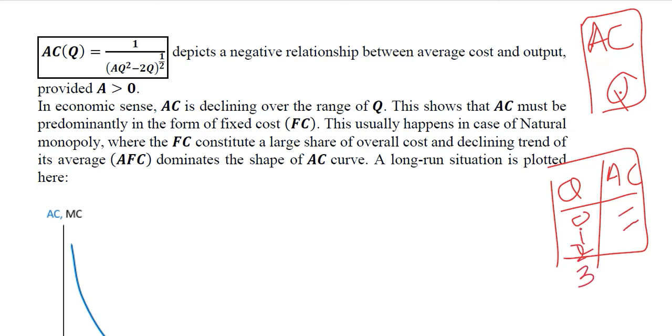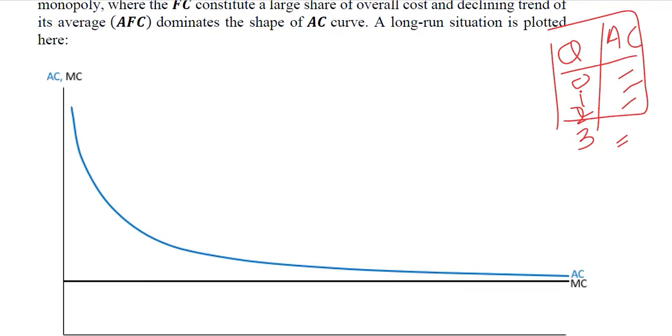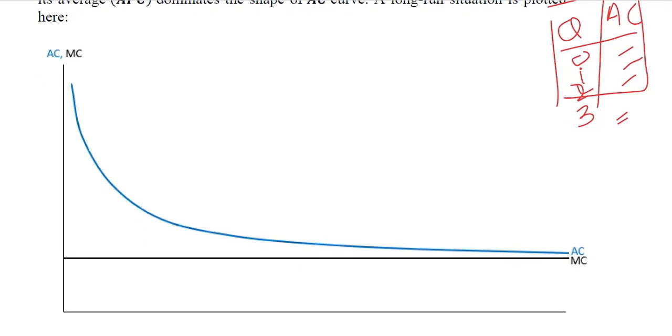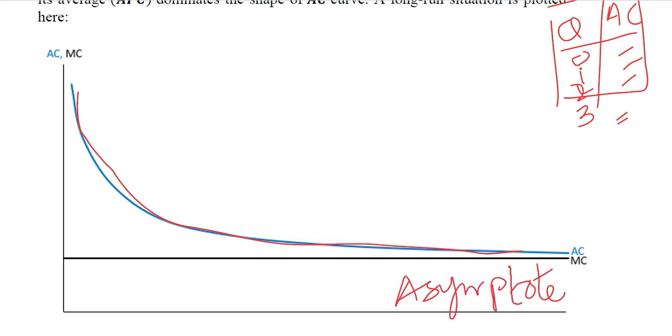So I can get different values of AC that I can plot here. If I do so, the diagram will look like this. So you can see it's clearly a downward sloping curve, and it is becoming a kind of asymptote. It is not merging with the marginal cost, it is just getting close to it.